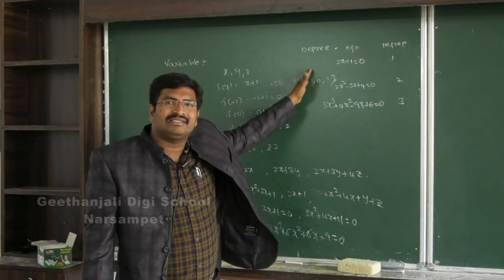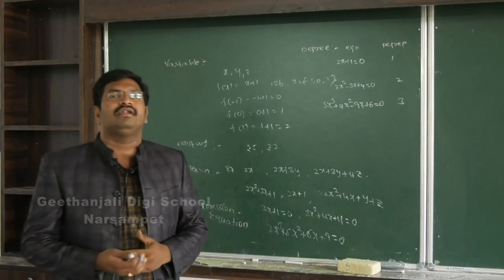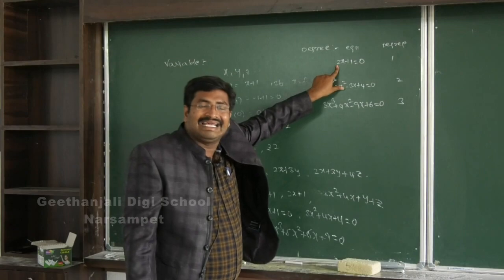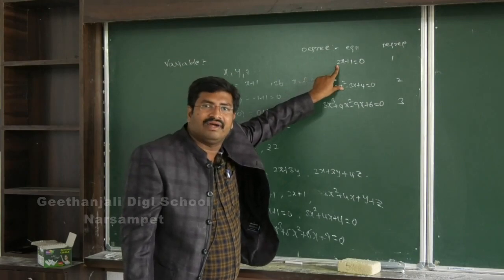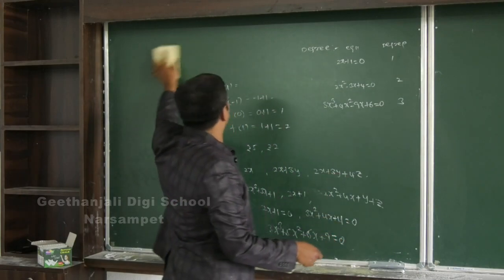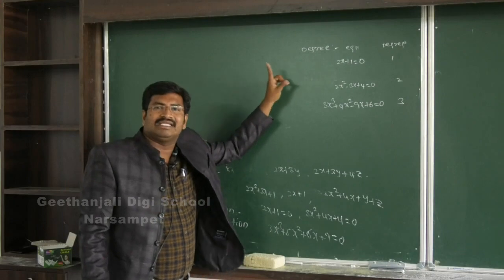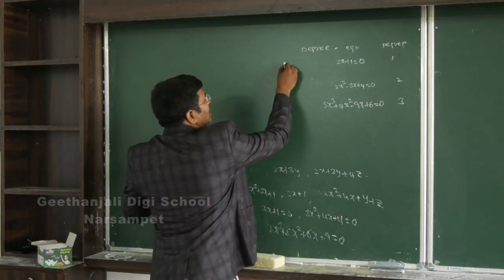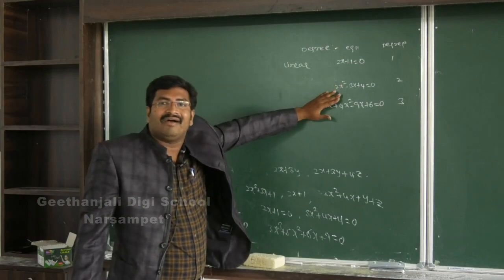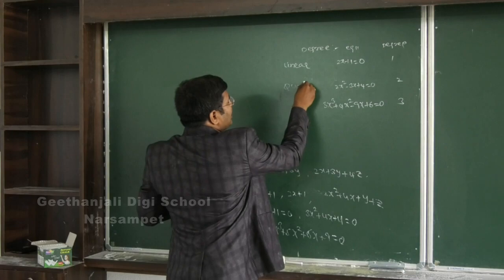Based on the degree of the equation, the equations are divided into a few types. If the degree of the equation is 1, it is called a linear equation. If the degree is 2, it is called a quadratic equation.